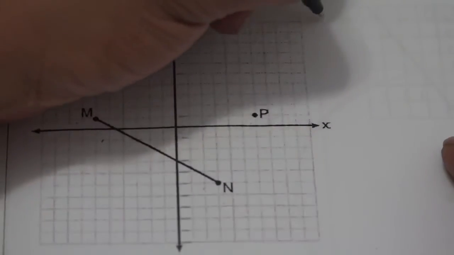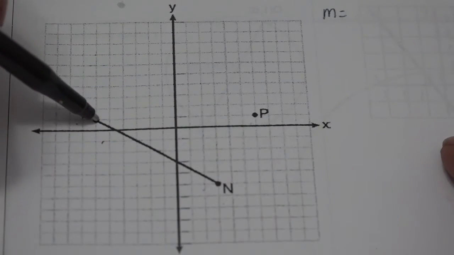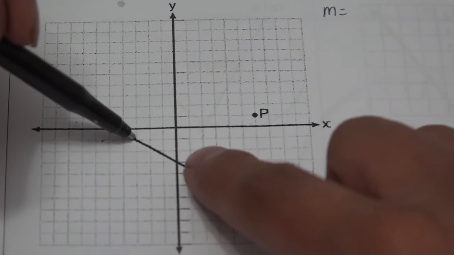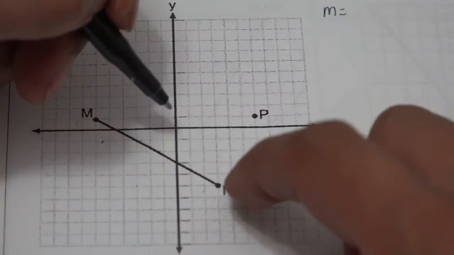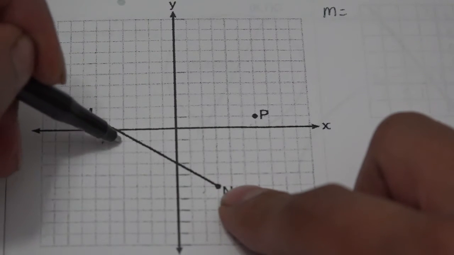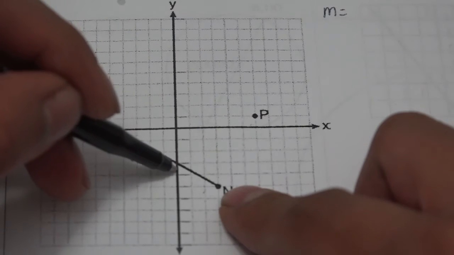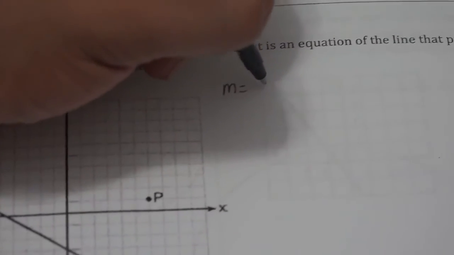Well, the first thing I gotta figure out is what is the slope of MN. Well, let's see, a nice point, and then I think this is another nice point, and this is another nice point. So let me figure out: 1, 2, 1, 2, 3. Yeah, the slope is negative 2 over 3.